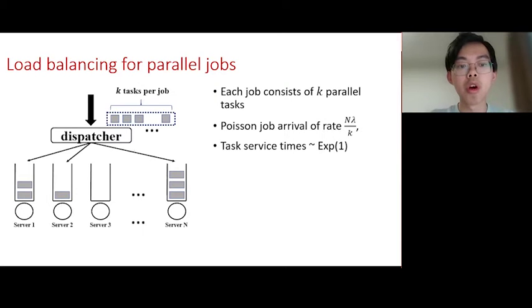For each job arrival, the dispatcher needs to decide which servers these k tasks will go to. Note that the tasks can be routed to different servers because they can be run in parallel and they do not interfere with each other. For this new model, one interesting problem is thus, how should we design a load balancing algorithm such that jobs can achieve asymptotic zero queuing delays, just like that in the classical model.